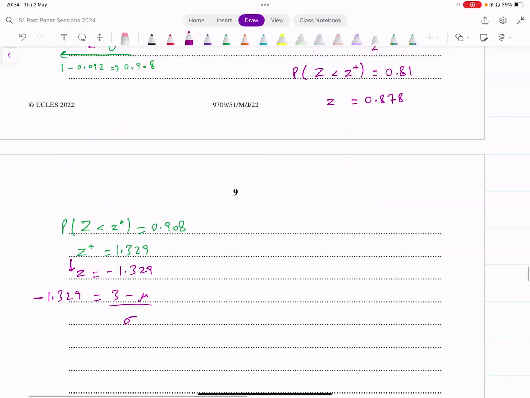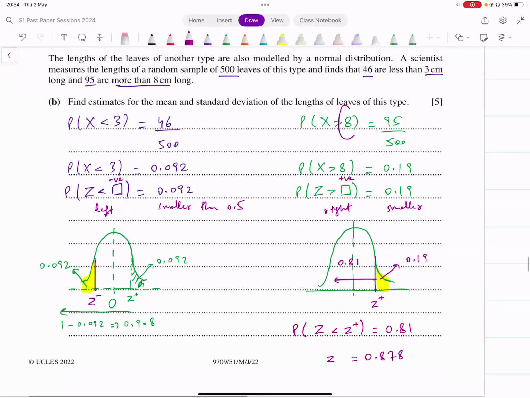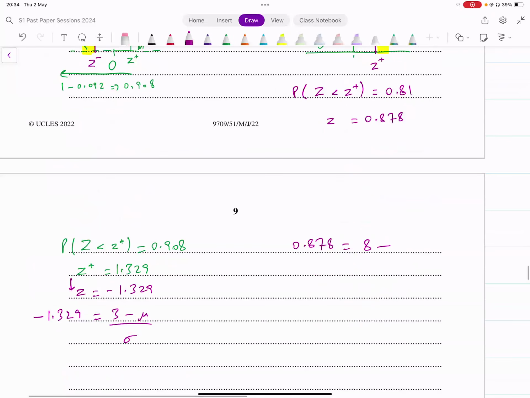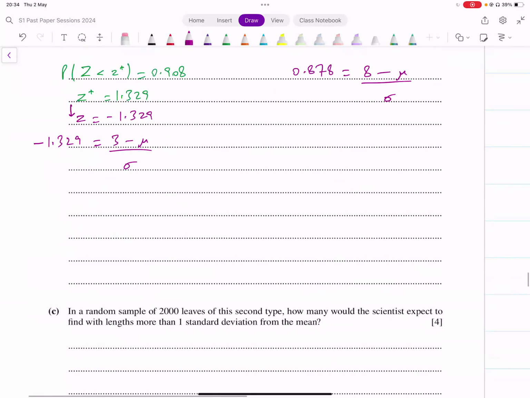Now let's input this in the formula as well. 0.878, that's Z equals X, which is 8 here, minus mu over sigma. You've got two equations. You solve these two equations simultaneously, and that is going to give you the result. Now, how do you solve them simultaneously? It becomes minus 1.329 sigma equals 3 minus mu, and mu is equal to 3 plus 1.329 sigma.